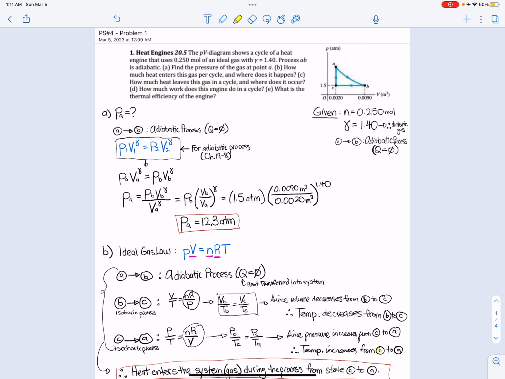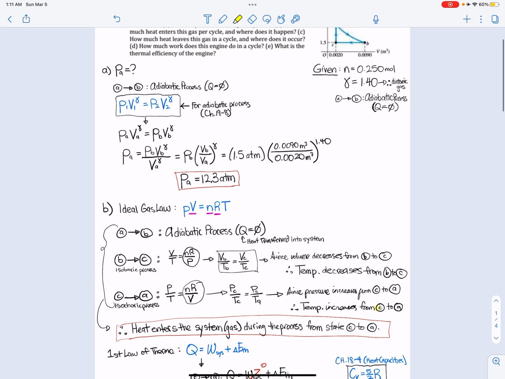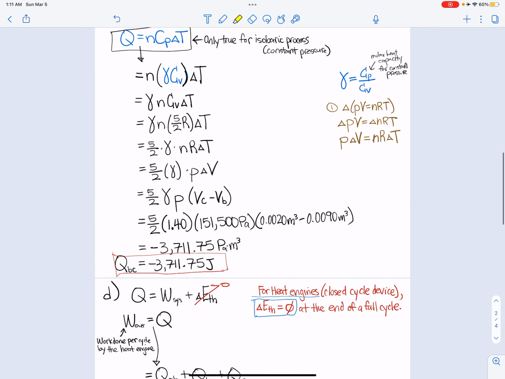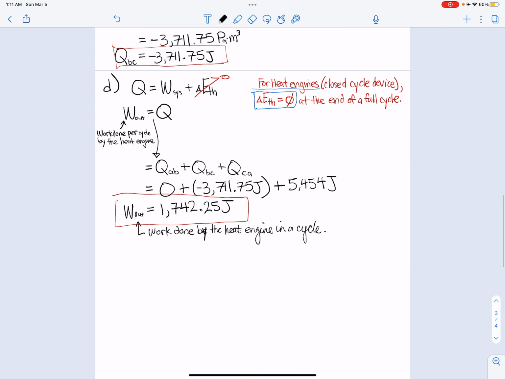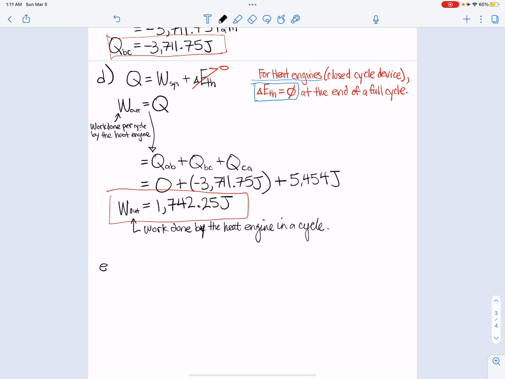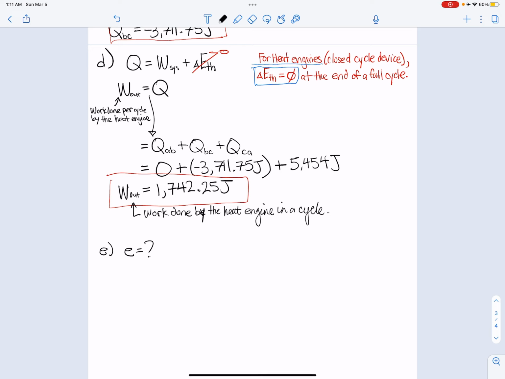Now part E. What is the thermal efficiency of the engine? For part E, we're actually looking for E. Again, what does efficiency mean?